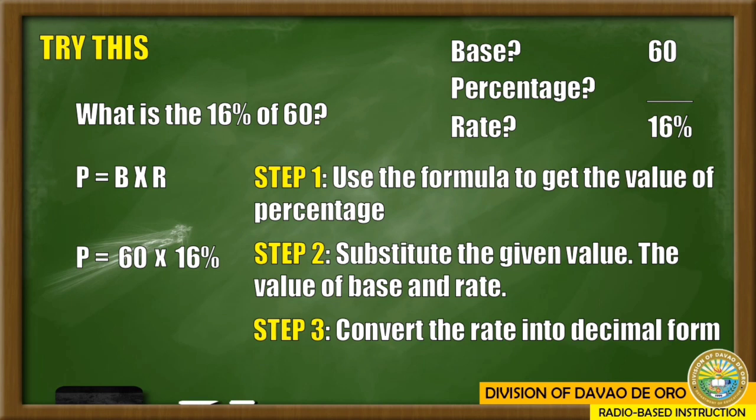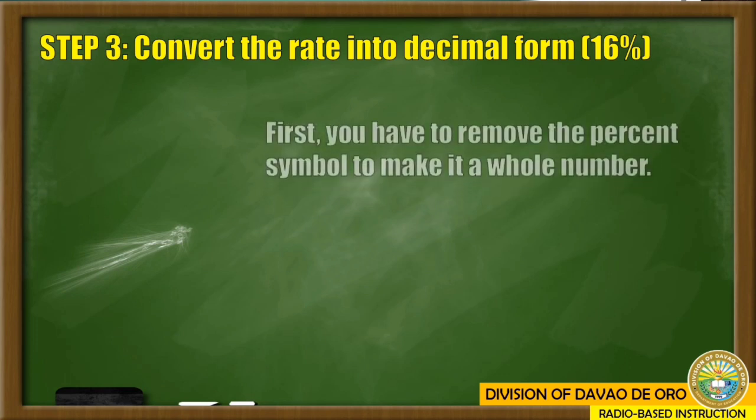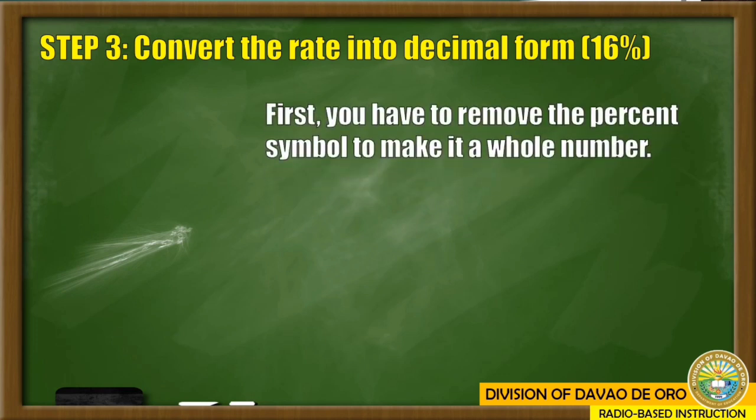Step 3, convert the rate into decimal form. So we will convert the rate into decimal form, which is 16%. Step 1. First, you have to remove the percent symbol to make it a whole number. So what would it be?